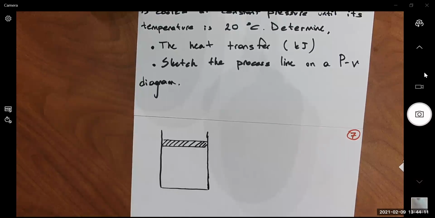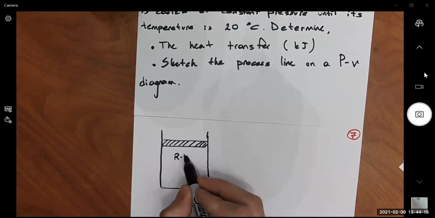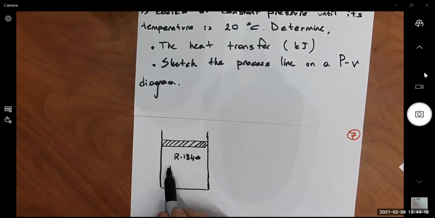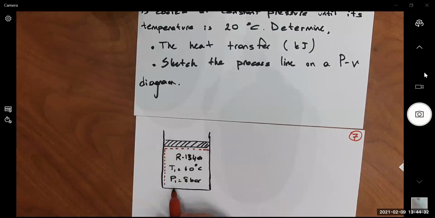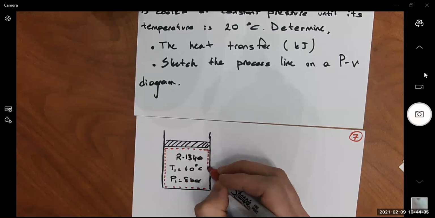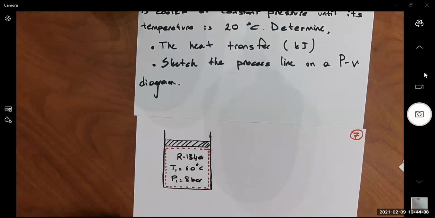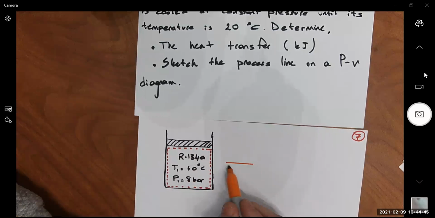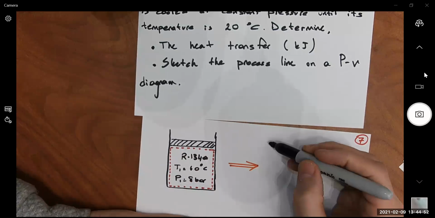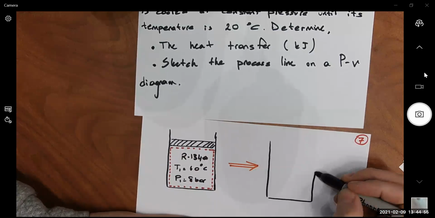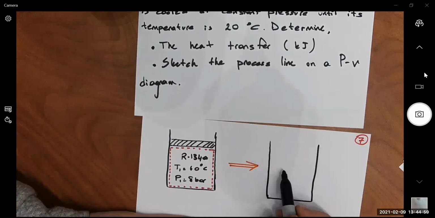Piston-cylinder assembly contains R134A, initially at temperature 60 Celsius and pressure 8 bar. Cool down.